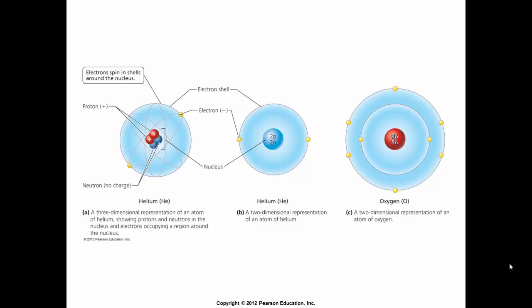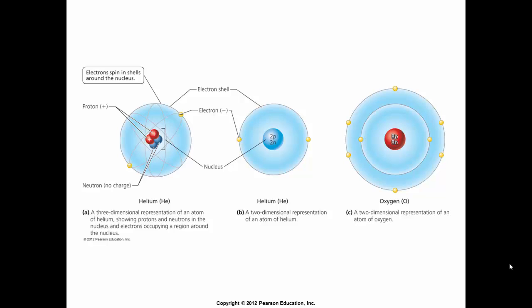Thus, a molecule of water, H2O, would be 2 atoms of hydrogen and 1 atom of oxygen, because hydrogen has 1 electron. So when an atom of oxygen binds with 2 atoms of hydrogen, that satisfies the octet rule, or 8 electrons in the outer shell.